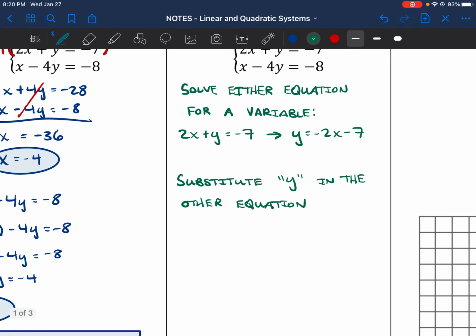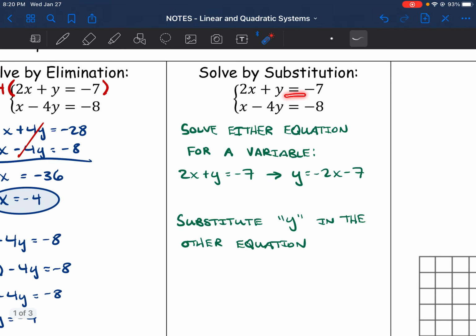The next step is once we have solved one of the two equations, we want to substitute y into the other equation. So we didn't solve for x minus 4y equals negative 8. So we're going to take y equals negative 2x minus 7. And in this y, we're going to substitute negative 2x minus 7.